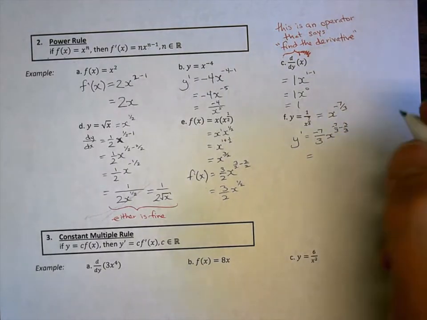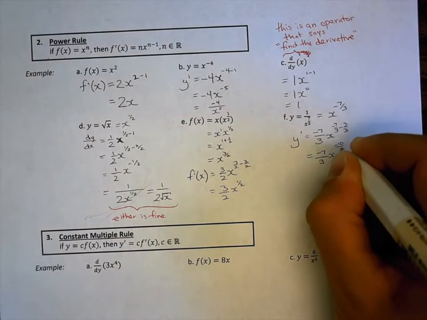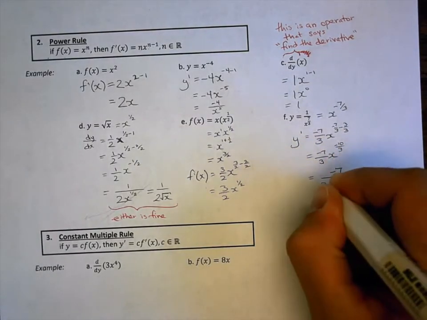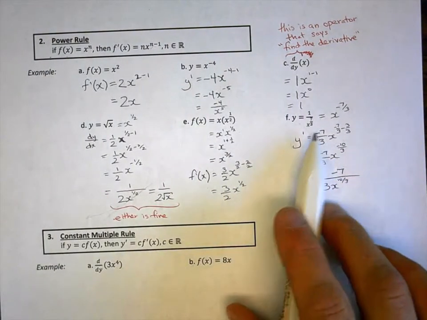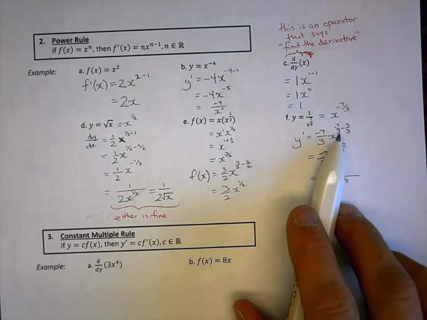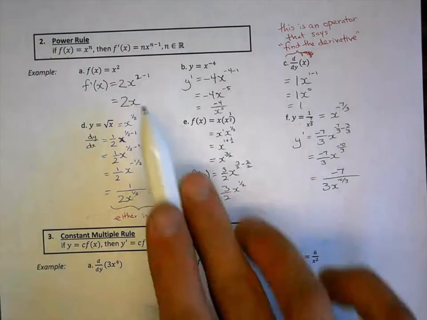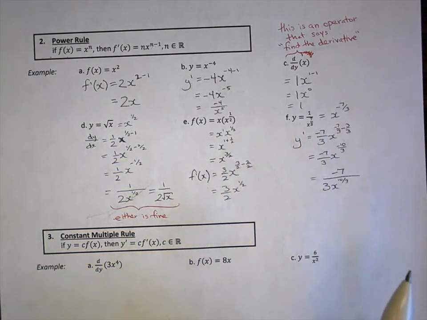That gives me negative 7 over 3 x to the negative 10 over 3. And let's just clean that up a bit. Negative 7 over 3 x to the 10 over 3. So see how you can get a little quicker, but it still is sometimes really useful to write out a little bit more work. Like maybe in this one you could jump right here. But once you start getting rational expressions like fractions, it's useful to show your steps because you might lose something.